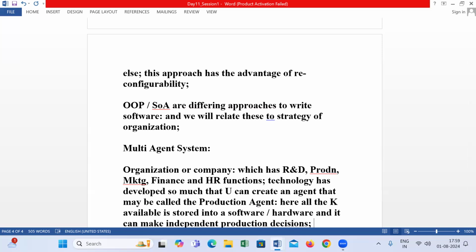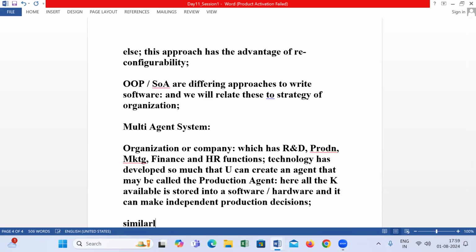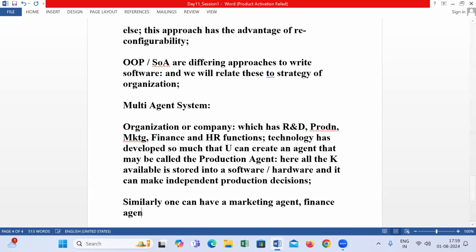Similarly, one can have a marketing agent, finance agent, R&D agent, HR agent. The agent here means software cum hardware where all the domain knowledge is stored.